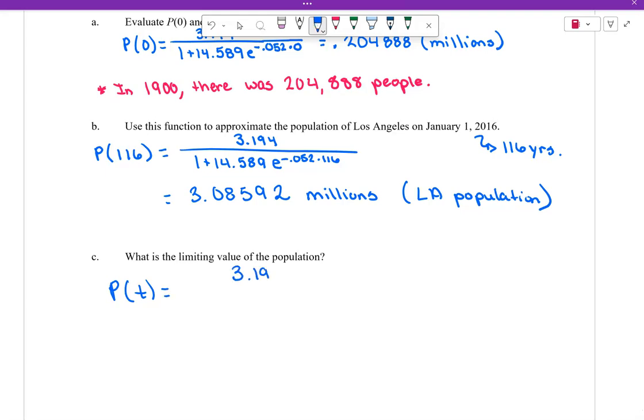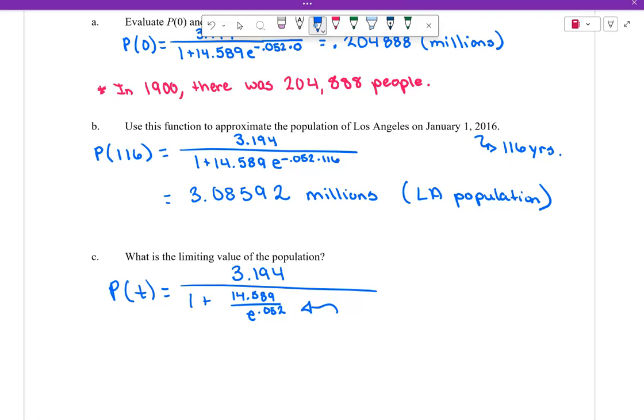So 3.194 over, remember that's a negative exponent, so I can actually flip that and put it right here. All I did was flip that because of the negative, because I just think it would be easier to explain.